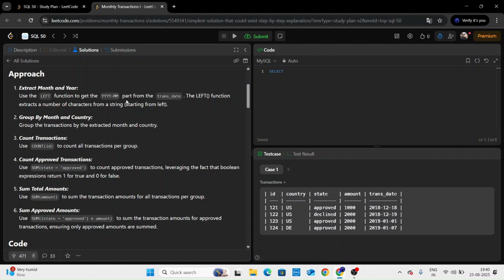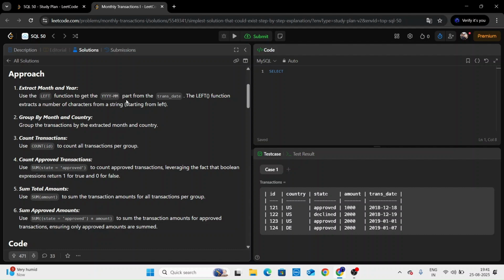Then basically I already know that we need to group by the month and also by the country. Then we need to use a count function to count the number of transactions, whether approved or declined, we will just count it. Then after that, we need to count only the approved transactions, so we will use the sum.